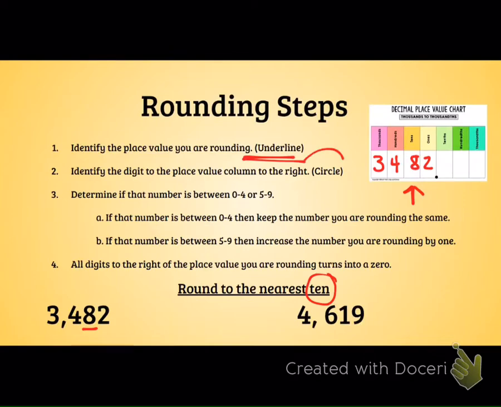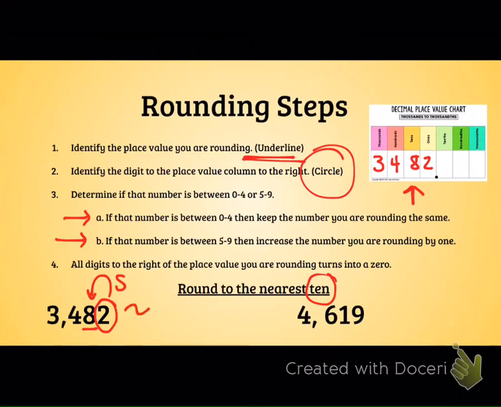And number 2, I'm going to circle the digit to the right. So the digit to the right of the 8 is the 2. Now I need to evaluate. Is it between 0 and 4 or is it between 5 and 9? Well, 2 is obviously between 0 and 4. So that 8 is going to stay the same. That wasn't a very good 8. Let's try that again. There we go. That's better. Okay?